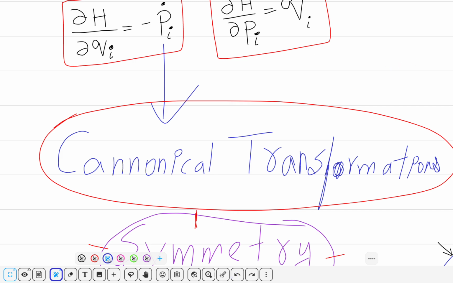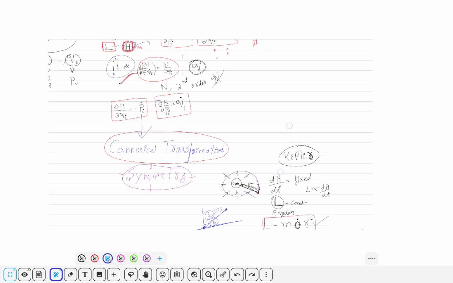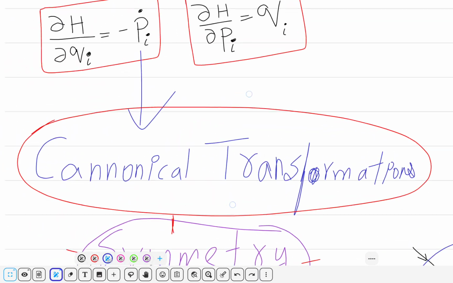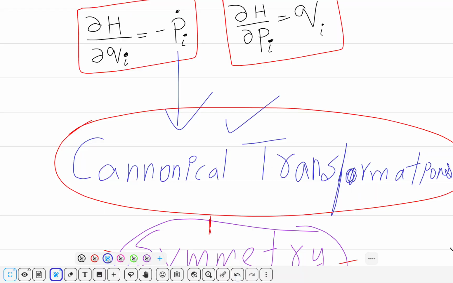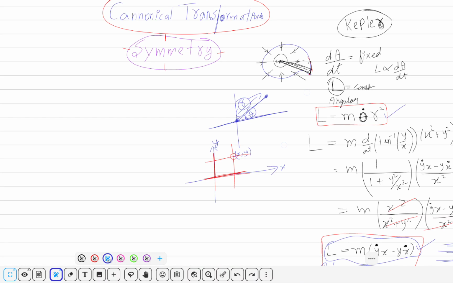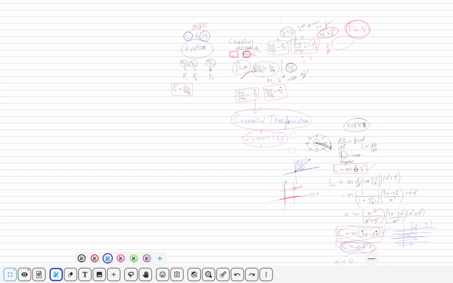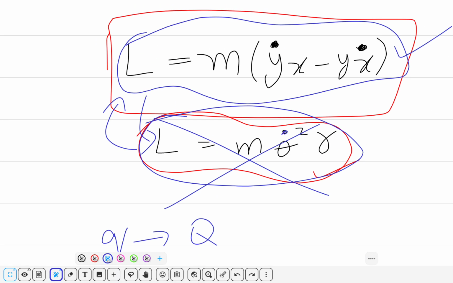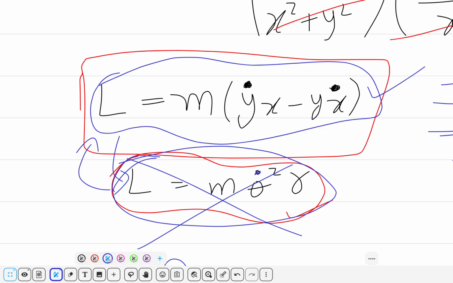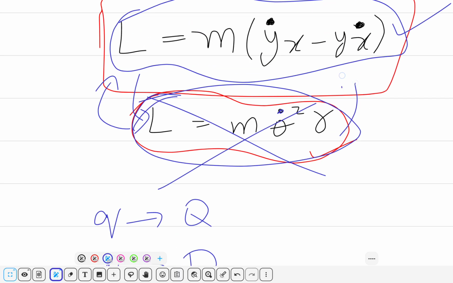Nothing more than that. Also, using this, it is easy to find conserved quantities, like this L is conserved, as I said. Doesn't matter in which system you write, in both ways it is conserved.